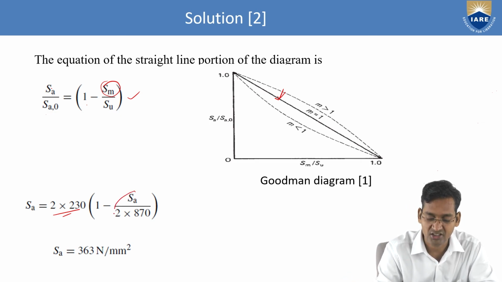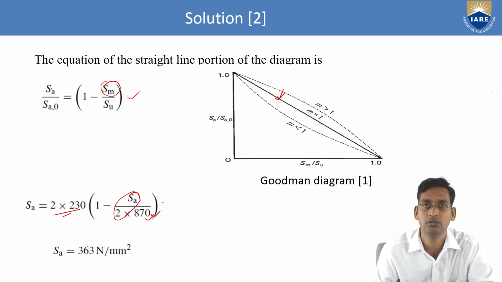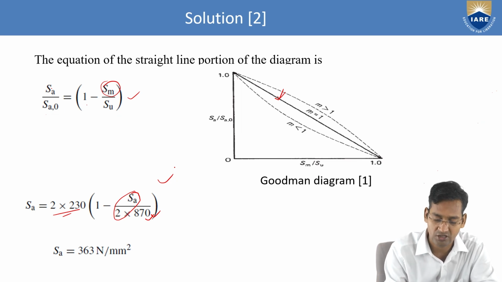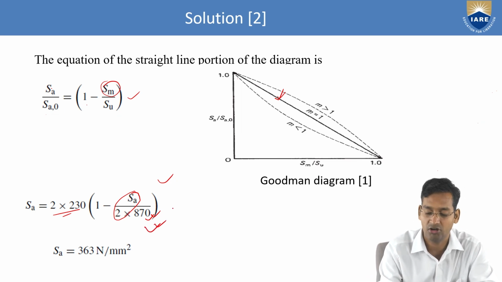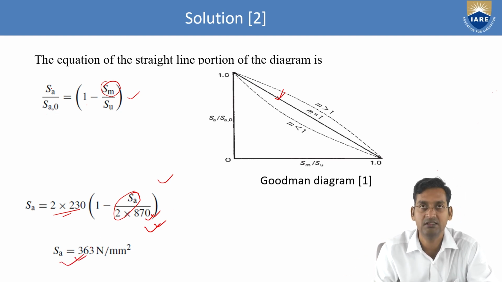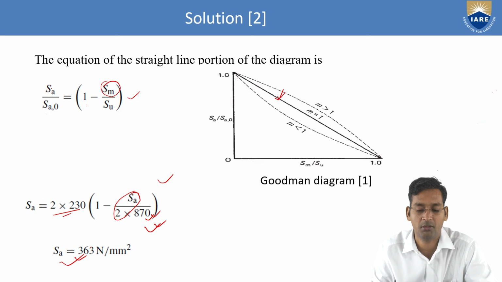So SA by 2 is this Sm. Su is given in the question itself. Just substituted. After this simplifying, you can further simplify, or you can directly use a calculator to solve. I already solved this one, so again I'm not solving. So finally you will get 363 Newton per mm square.